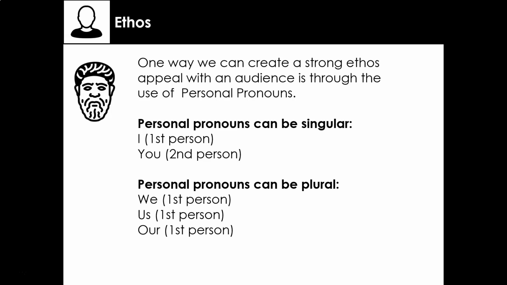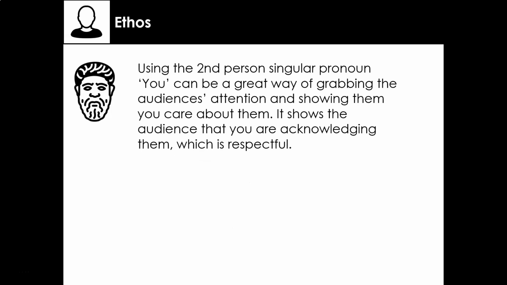And a personal pronoun can also be plural, like we, us, or our. We don't need to write this down, but we are going to put this into practice. We're going to practice saying some sentences with personal pronouns, and then we're going to practice identifying them in a text.